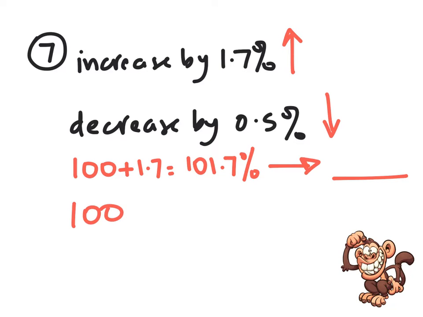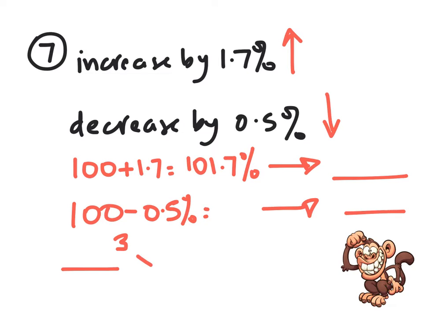Then we do 100, take away 0.5%, turn that into a decimal. And then it's the first answer to the power 3, because it's doing that for 3 years, times the second answer to the power 2, because it's doing that for 2 years, times the value of the house. And that tells you how much the house is now worth.